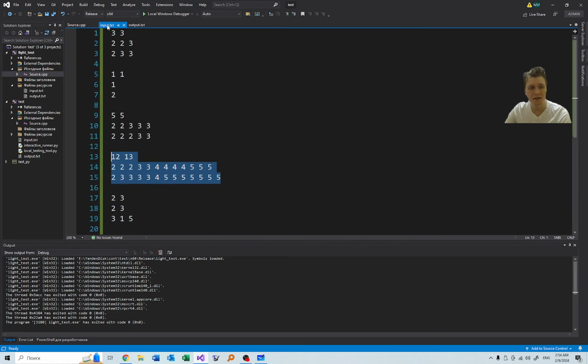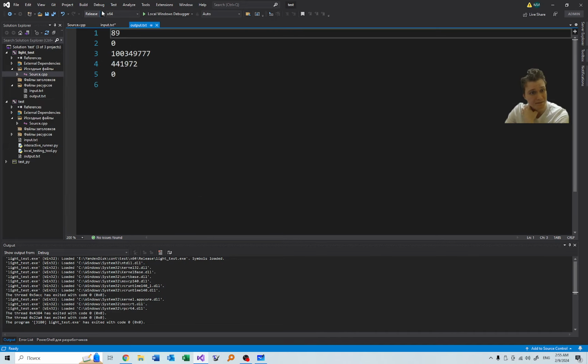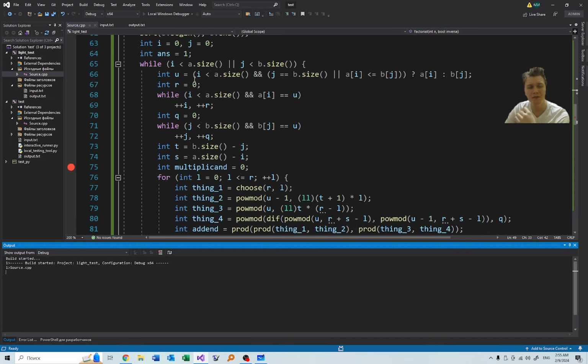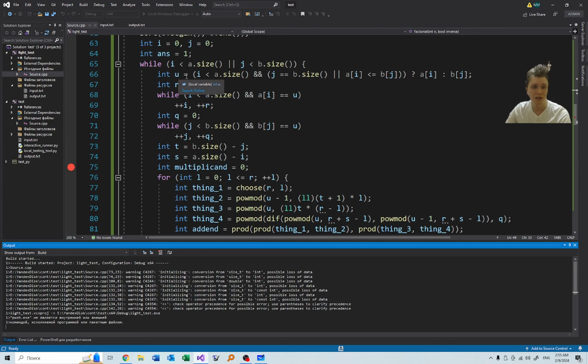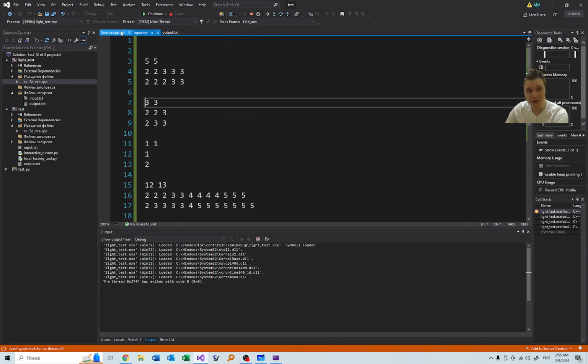Okay, let's test something like this. For example, we have u equals 2. If u equals 2, let's check that everything is fine. So, what is r? r is the number of a's which are exactly equal to u, which is 2.